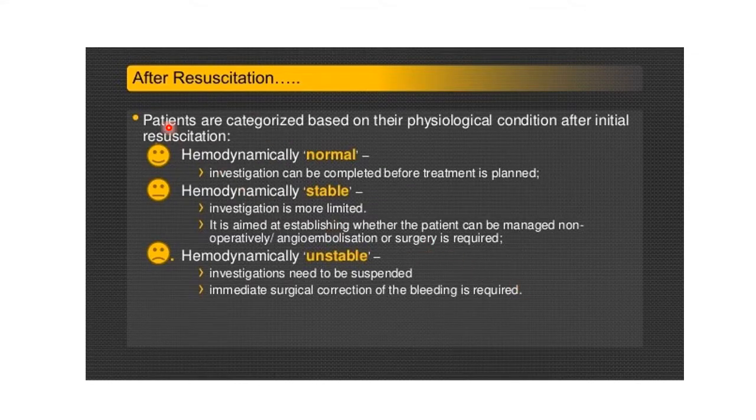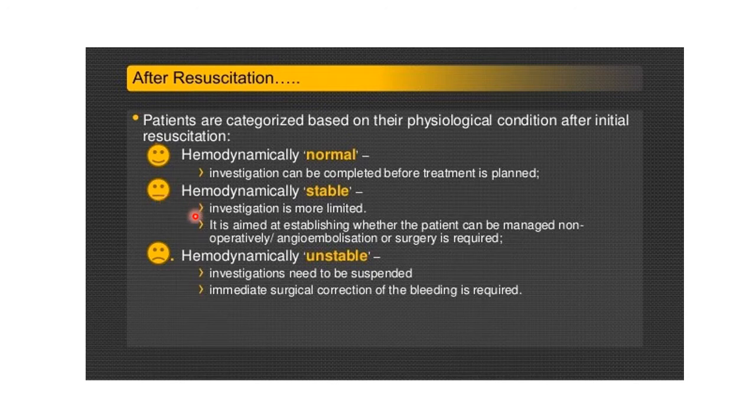After resuscitation, the patients are usually categorized based on their physiological state into, first, hemodynamically normal. In these patients, investigations can be completed before treatment is planned. The second group of patients is classified as hemodynamically stable.